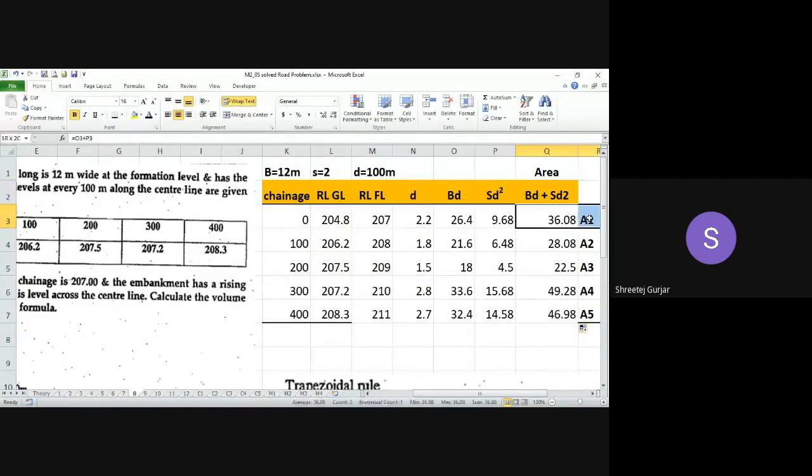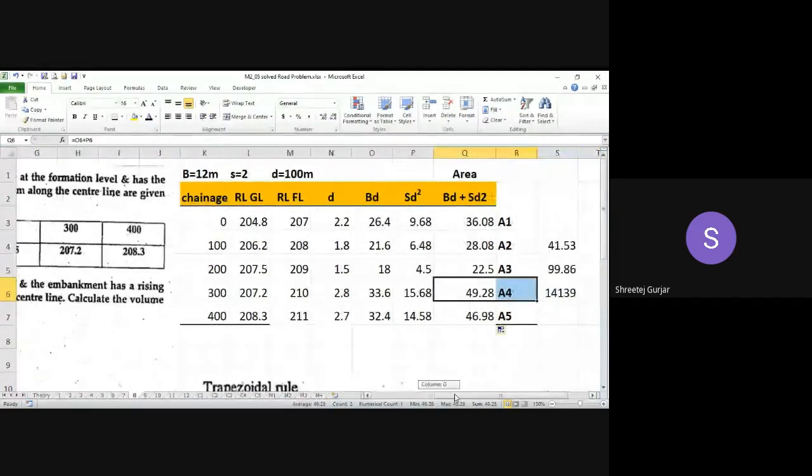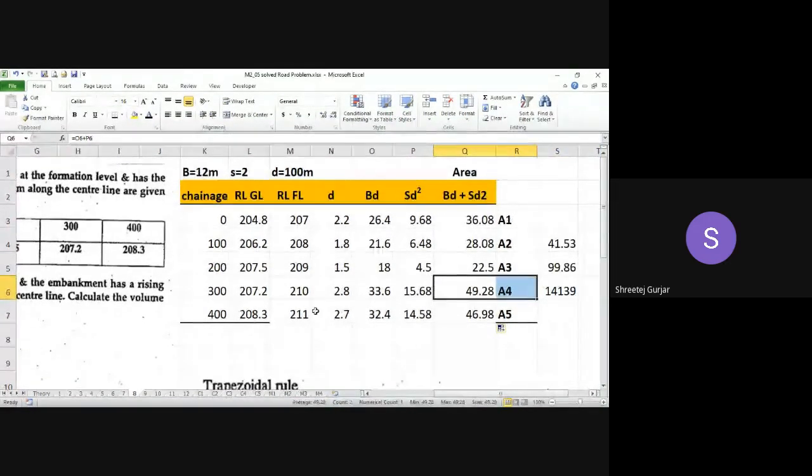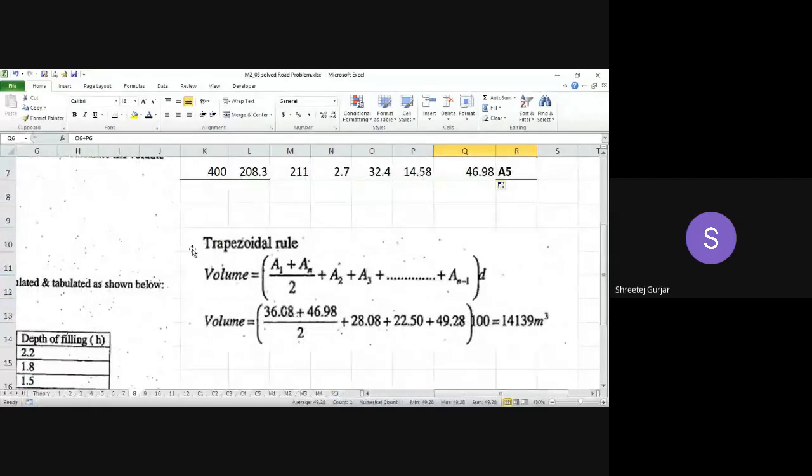Now I will name these areas A1, A2, A3, A4, A5. The first area is A1, the last area is A5, and the remaining areas are A2, A3, A4. Now I have to calculate the volume using the trapezoidal formula.